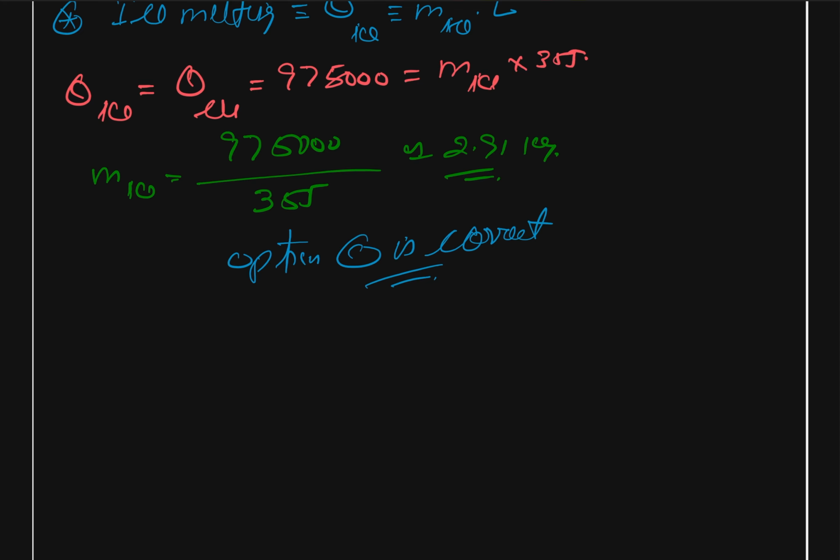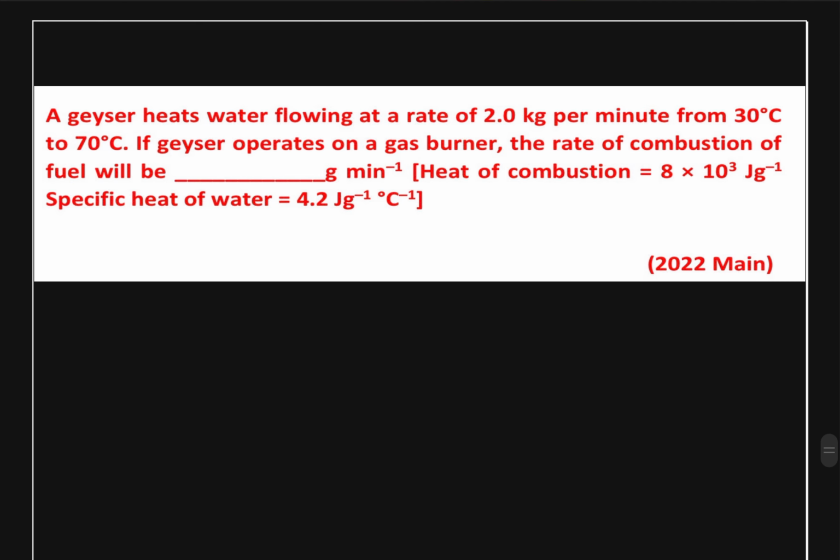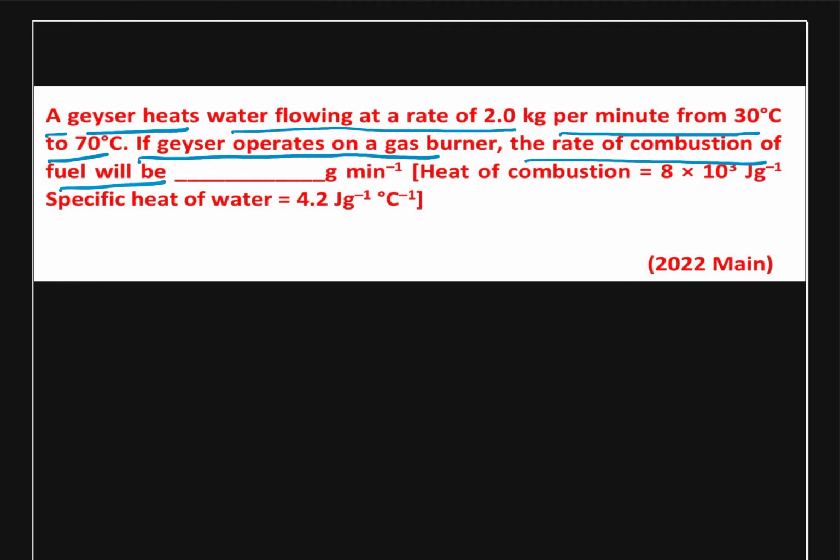Next question. It states that a geyser heats water flowing at a rate of 2 kg per minute from 30 degrees centigrade to 70 degrees centigrade. If geyser operates on gas burner, the rate of combustion of the fuel will be how many grams per minute.